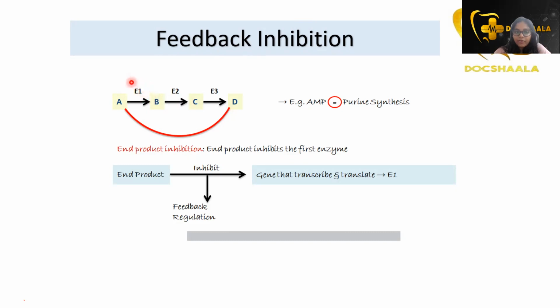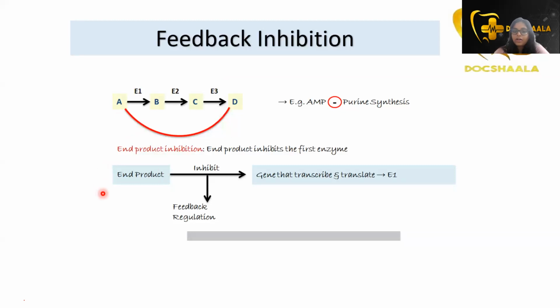We have enzyme 1, enzyme 2, enzyme 3 acting on these substrates, leading to the production of B from A. In end product inhibition, the end product inhibits the first enzyme. So this is what feedback inhibition is.